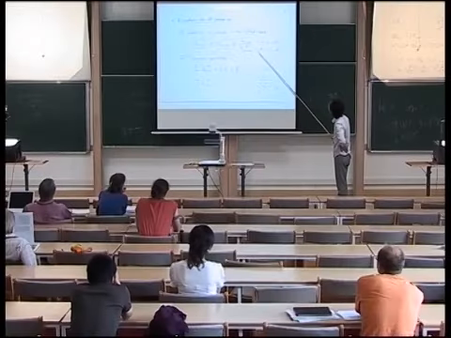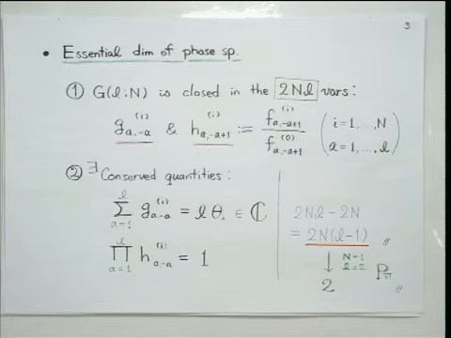The suffix a runs from 1 to L, and the superscript i runs from 1 to n. So we have here 2nL dependent variables. And actually, this equation is closed in these variables.